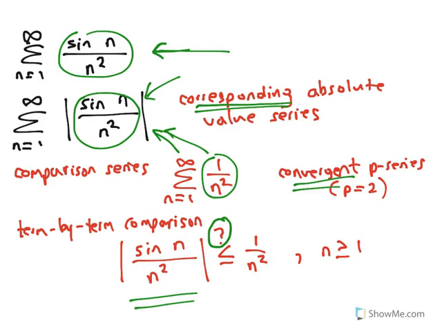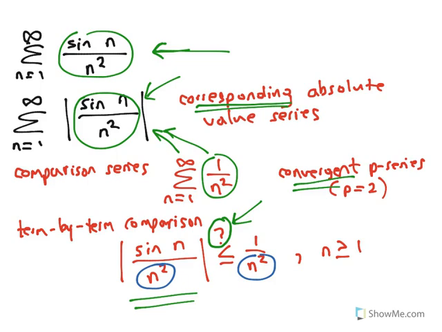But how do we demonstrate that this relationship here in the inequality is in fact true? One thing that you can note is that in the denominator we have n squared for both nth terms, and it doesn't matter that you have the absolute value of n squared. N squared is positive to begin with. So they have the same denominators.